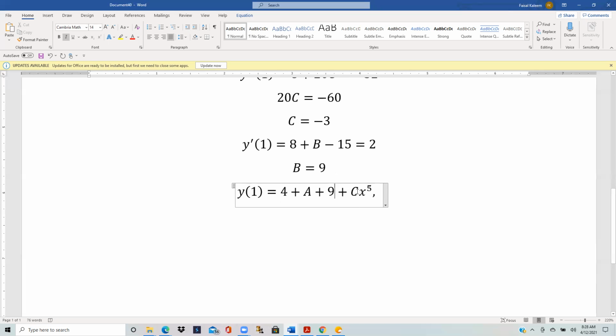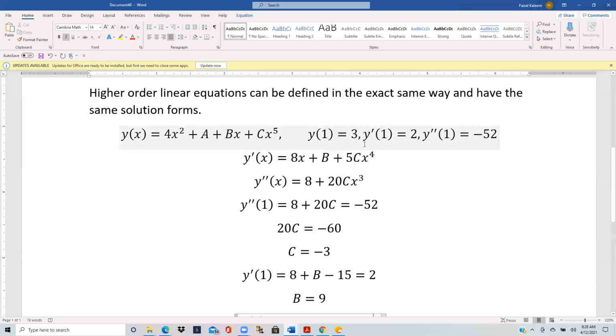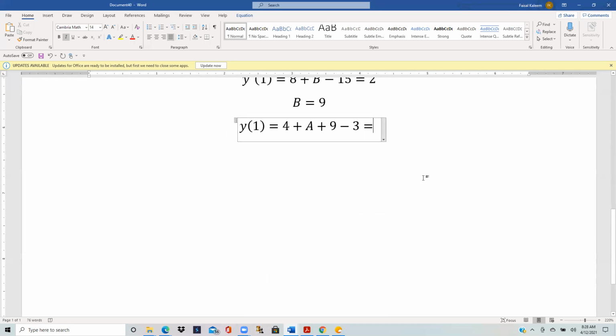And c was negative 3, and x is 1. And we're given that y of 1 is 3. So from here, 9 minus 3 is 6, 6 plus 4 is 10. You subtract here, a will be negative 7.